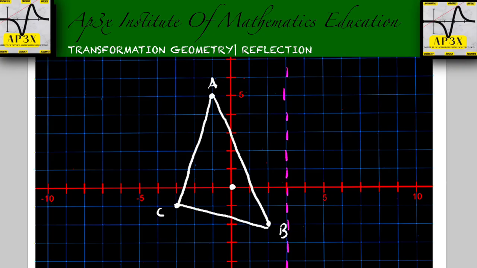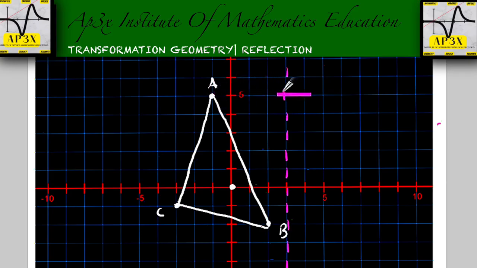So the equidistance method is what we demonstrated at the beginning of this video, where we look at how far the vertices on the object are from the mirror line. Let's just focus here, guys.